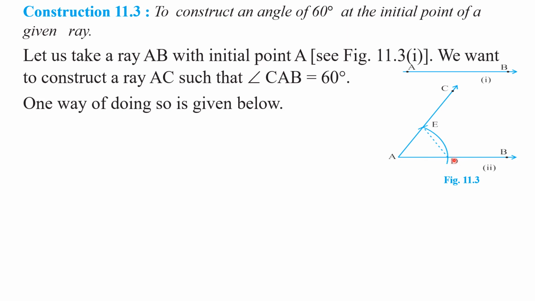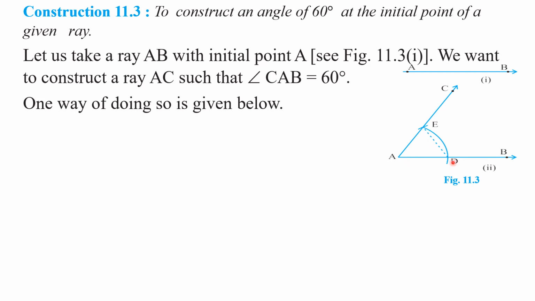After that, with the same radius as before, take D as center and draw another arc to cut the arc previously drawn at the point E. Join the points D and E. Then we get an equilateral triangle, because AE is equal to AD and AD is equal to DE.